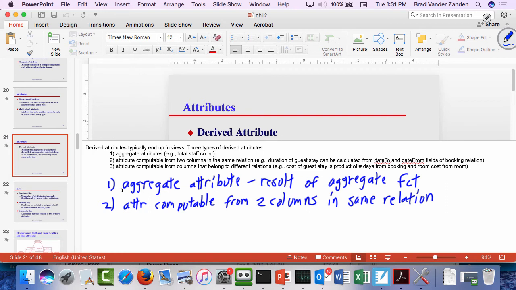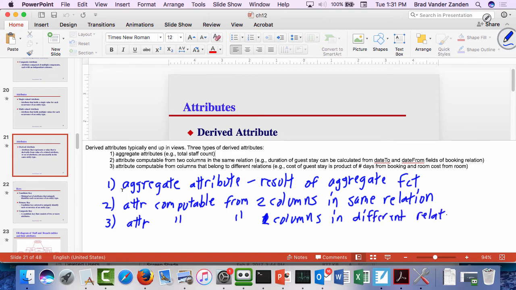Okay? The third type of derived attribute is an attribute, I'm going to use quotes here, computable from columns in different relationships, in different entities, or in different relations.